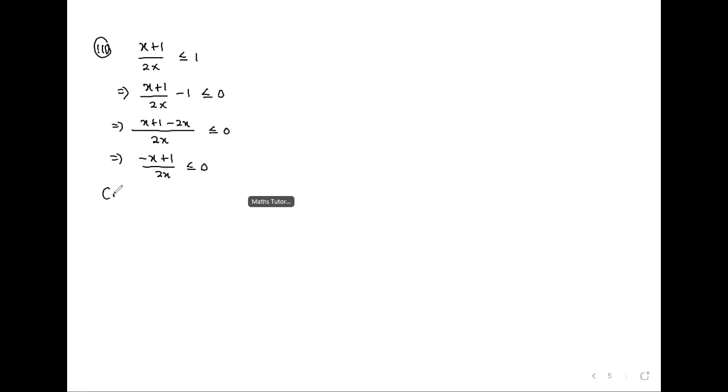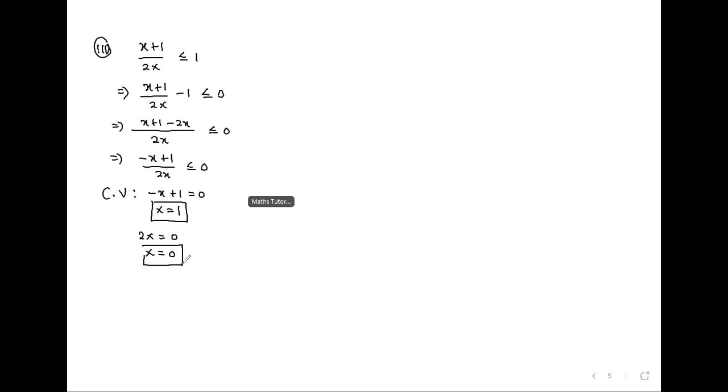Then you get critical values. Negative x plus 1 is equal to 0, so x is 1. 2x is equal to 0, so x is 0.